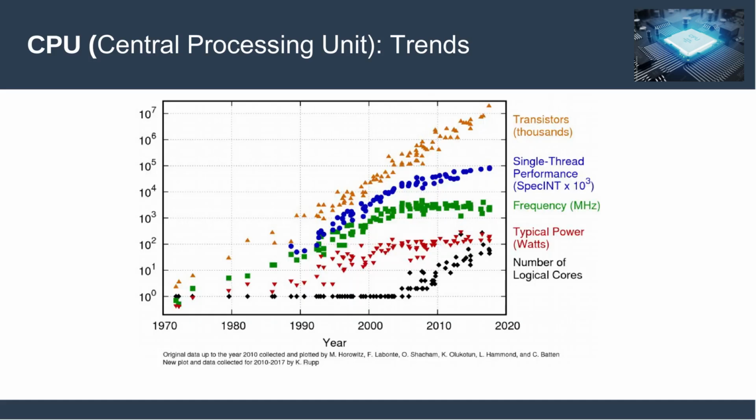Modern CPUs integrate AI capabilities, enhancing performance in data processing and machine learning tasks. These advancements are crucial for handling complex computations, setting the stage for the specialized processing power of GPUs.